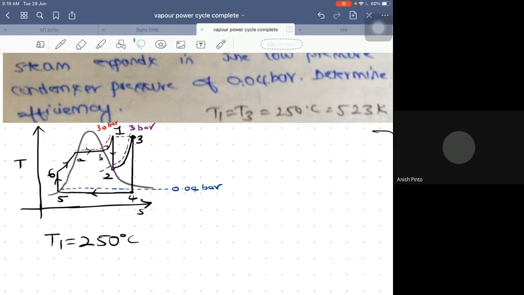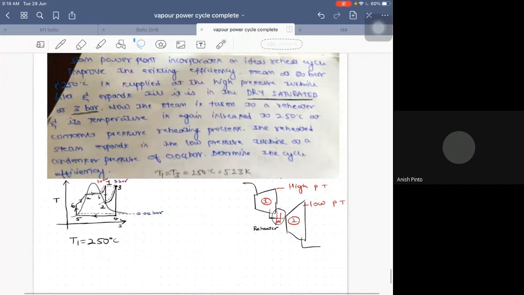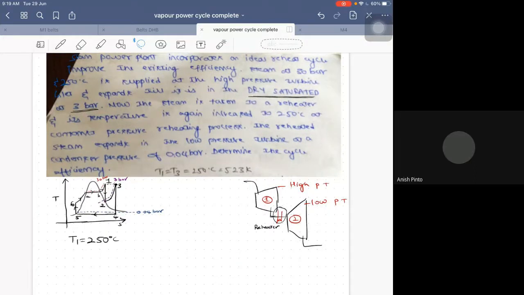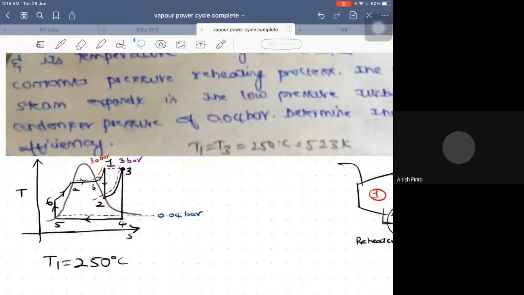So this is the overall problem transformed into a TS diagram like this. Okay. Now, once it is transformed, we shall see what he has asked. So even I would write it here. This particular thing, T1, which will be equal to T3, is just 250 degrees centigrade.